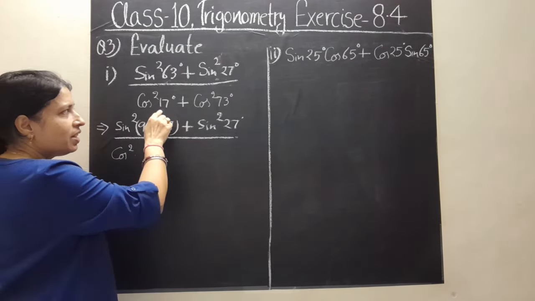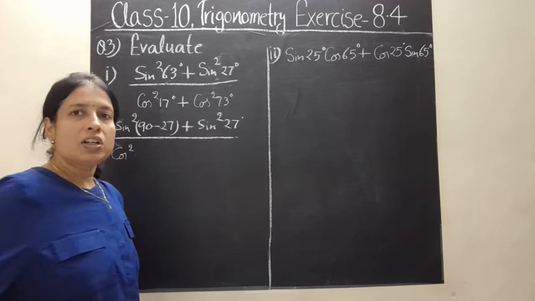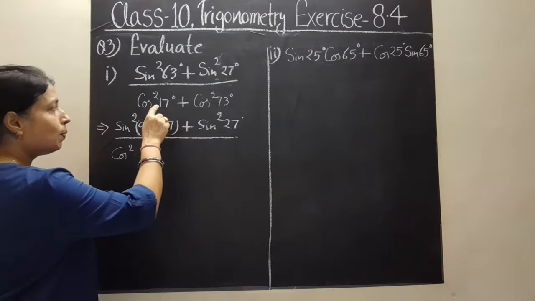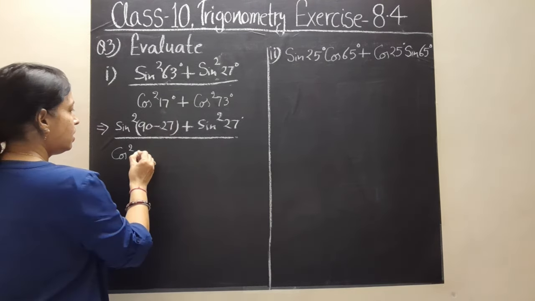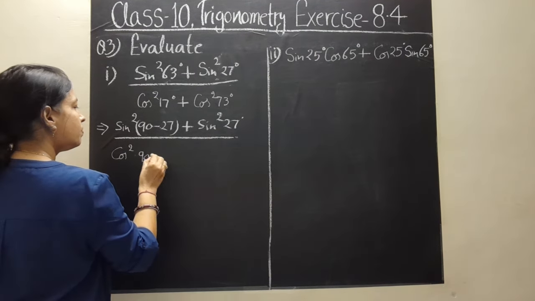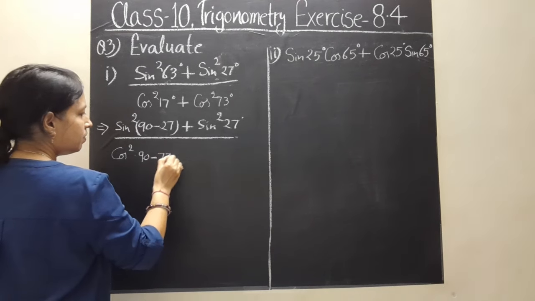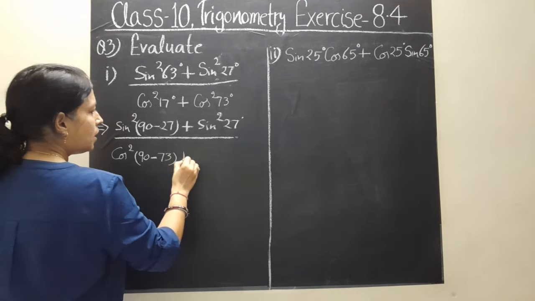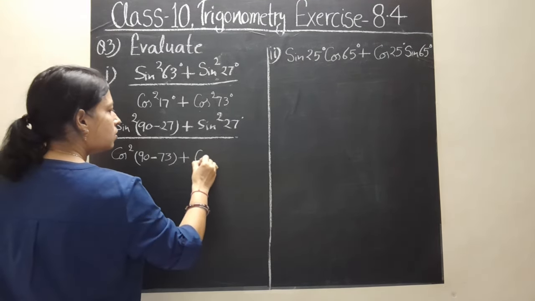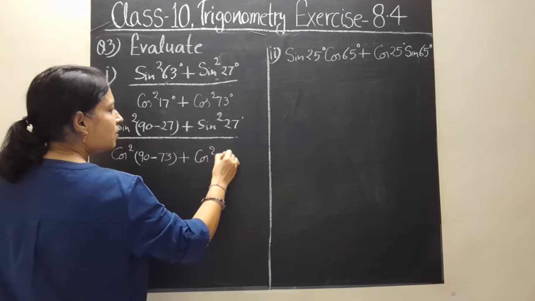Here also 17 plus 73 is equal to 90. So in place of this 17 we can write 90 minus 73, plus cos square 73 degree.